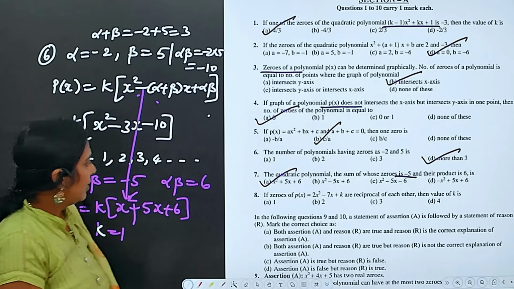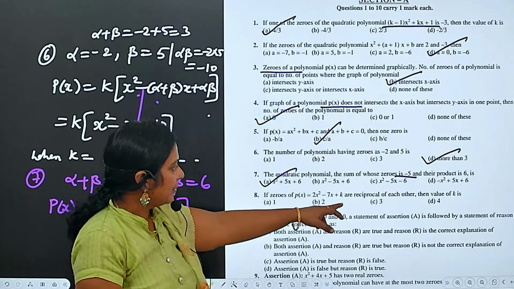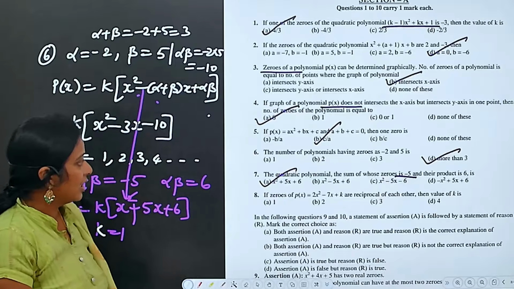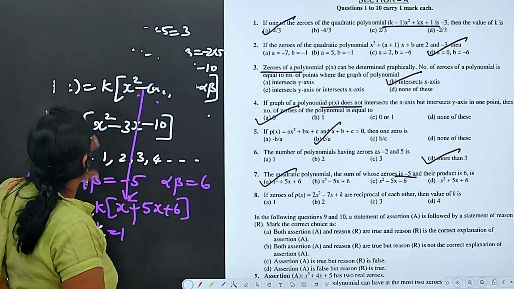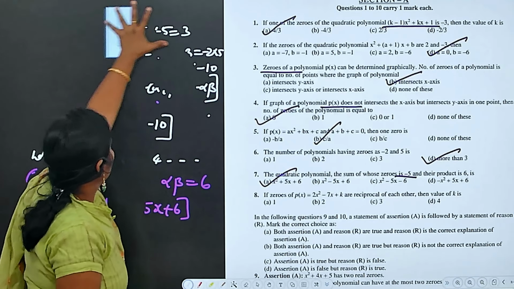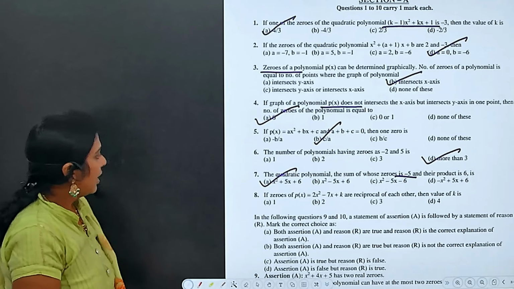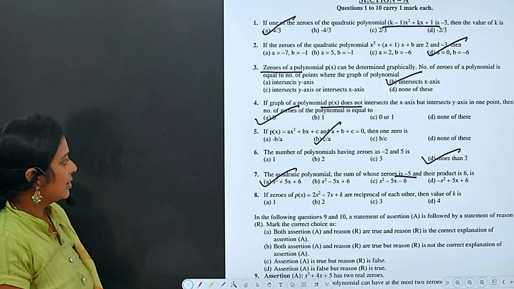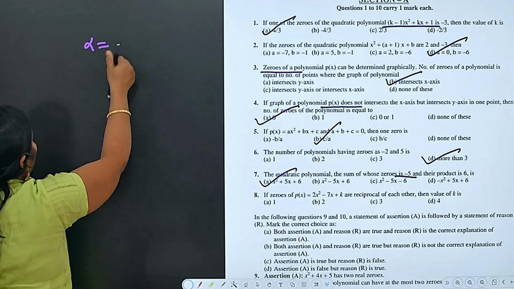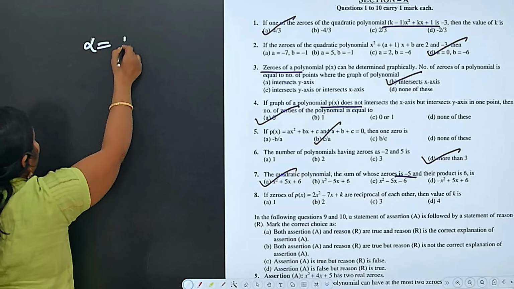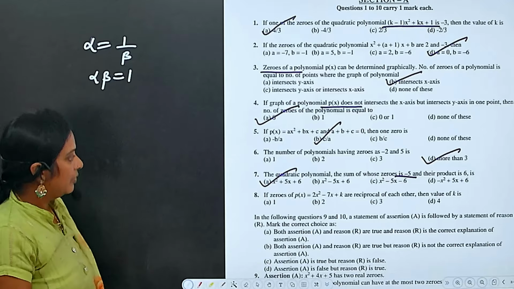Next, if zeros of p of x equal to 2x square minus 7x plus k are reciprocals of each other, then value of k. If zeros of p of x are reciprocal of each other, if alpha equal to 1 by beta, so that is alpha beta equal to 1.